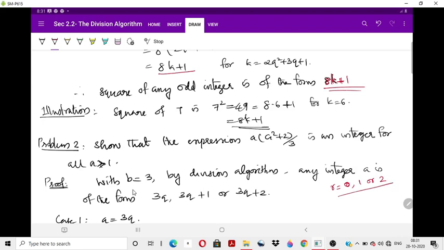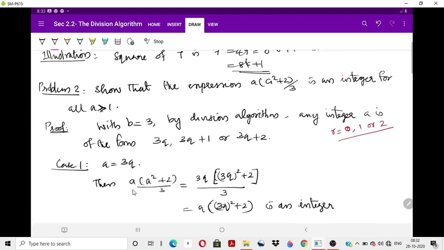Now we need to prove that in each case, the expression becomes an integer. That means the 3 in the denominator will get cancelled.